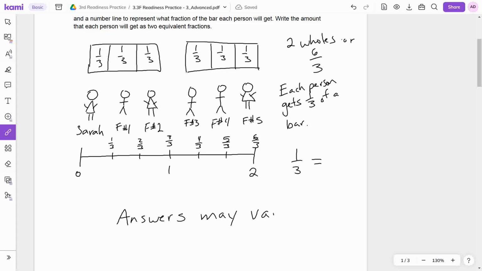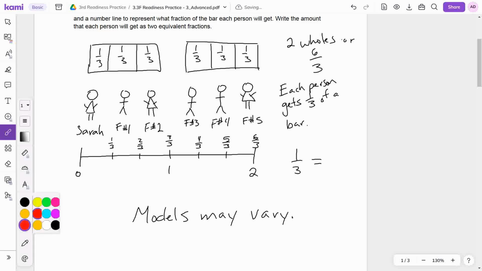Your models may vary. And so let's think about how we can cut this chocolate bar in half. The easiest way would be to simply draw a line straight across. So watch what I'm going to do here. I'm going to cut each of these pieces in half.